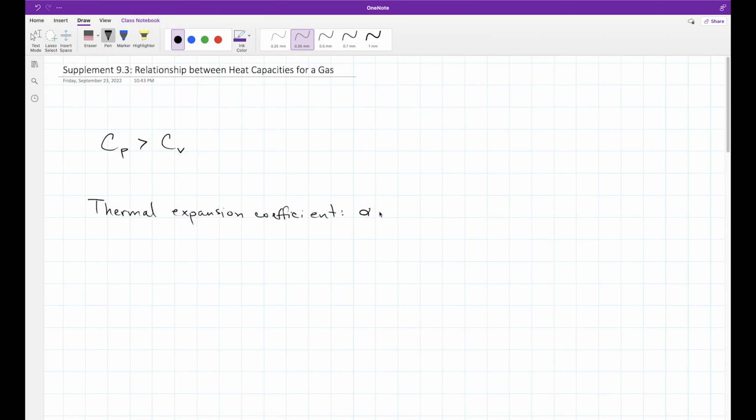It's usually called alpha, and it's defined to be equal to 1 over V times the partial with respect to T of V at fixed P and N. Good? And the second thing that we care about is the isothermal compressibility.